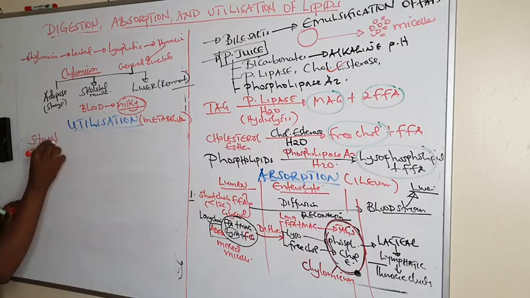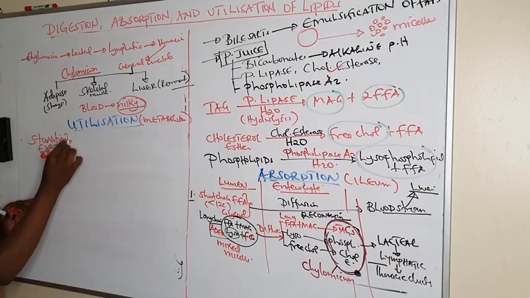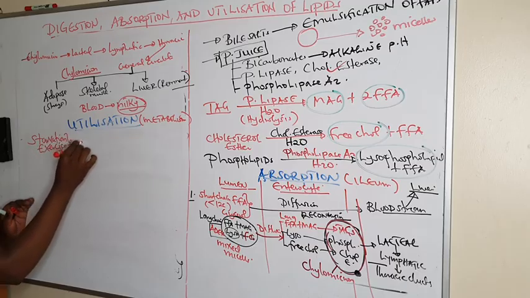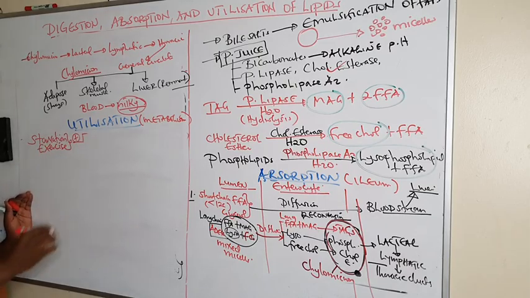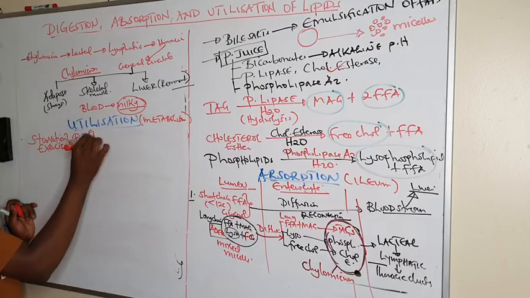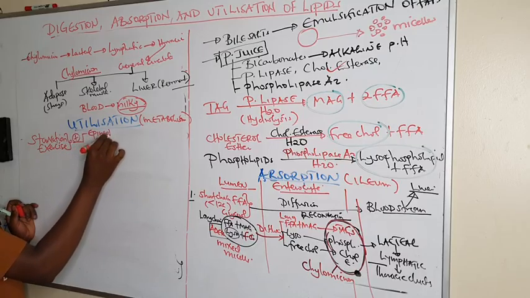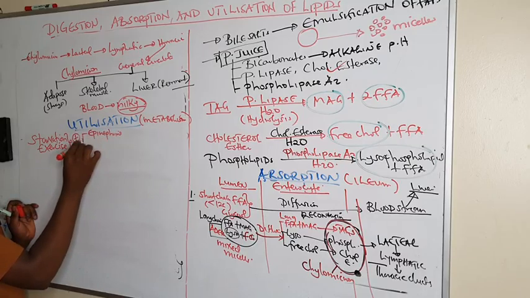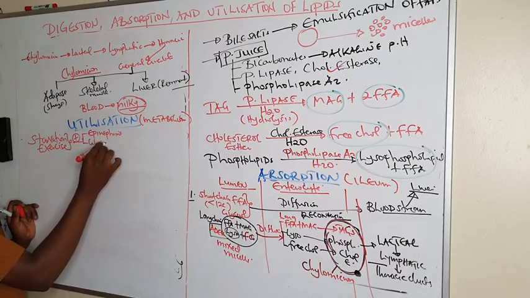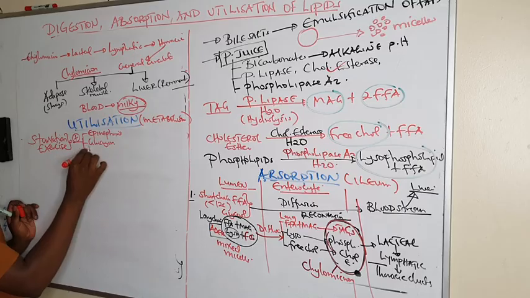Whenever there is starvation or increased exercise, someone has been doing strenuous exercise, these two trigger production of hormones. They stimulate production of hormones like epinephrine, glucagon, and thyroxine.